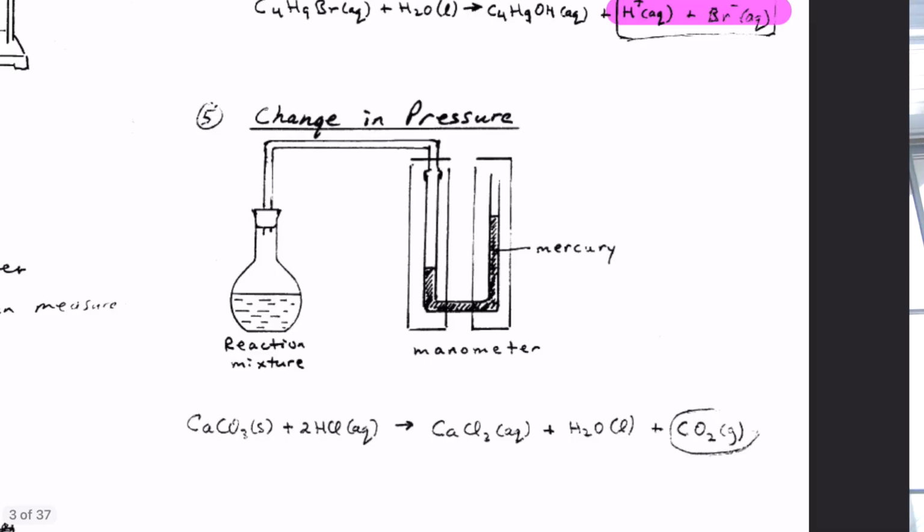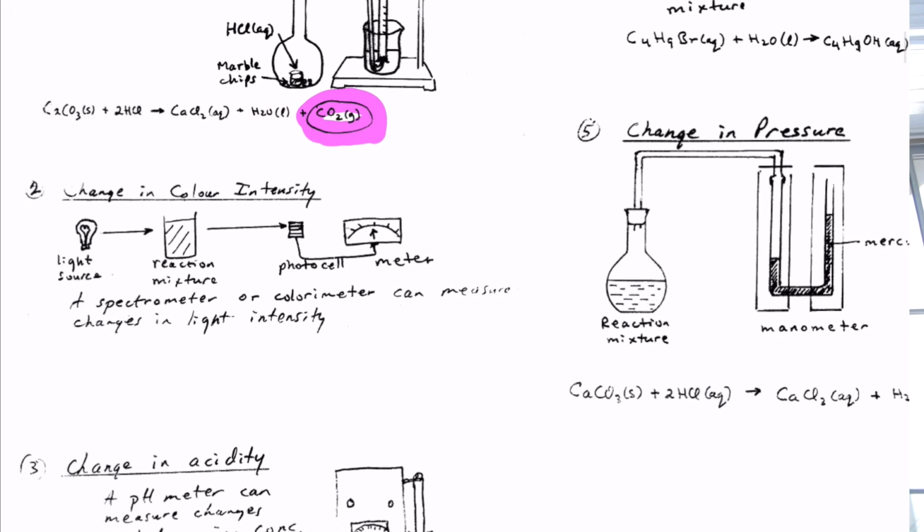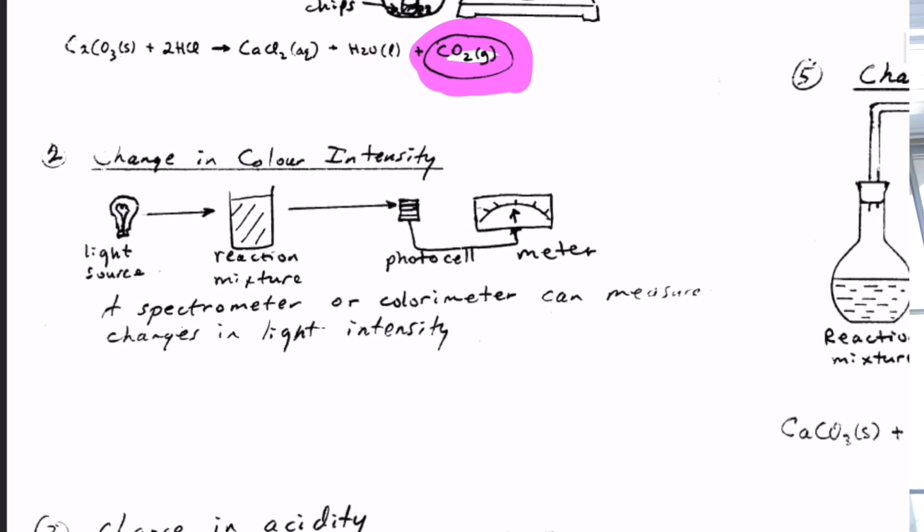You could measure the change in pressure. Again, usually that would mean that there is either a gaseous product or a gaseous reactant whose pressure would change over time. If you had access to a spectrophotometer or a colorimeter, then you could measure the change in light intensity. It is possible for a reactant to be colored.